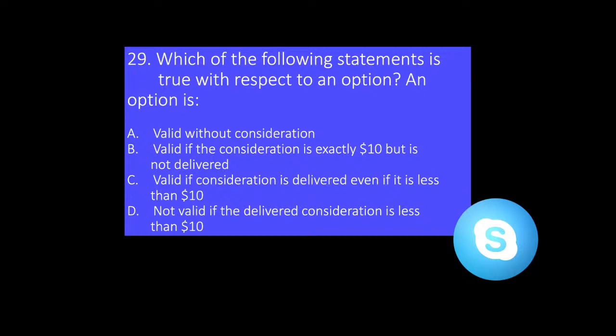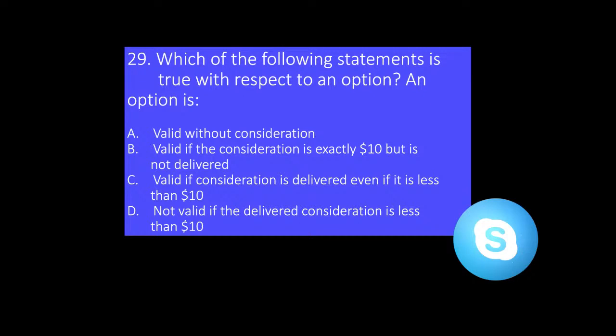Because it says here it can be less than $10, and a nickel is less than $10, right? And it says valid if consideration is delivered, even if it's less than $10. For an option you need consideration. That's why C is the best answer.